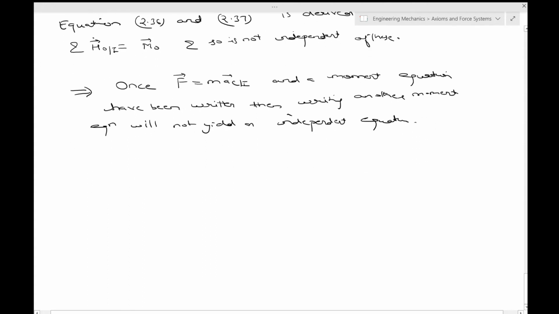Now let's take up a few situations. We are considering a motion of a uniform disk rolling without slip.